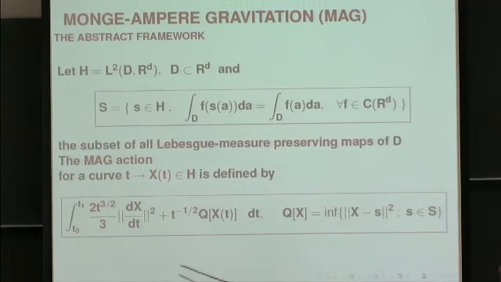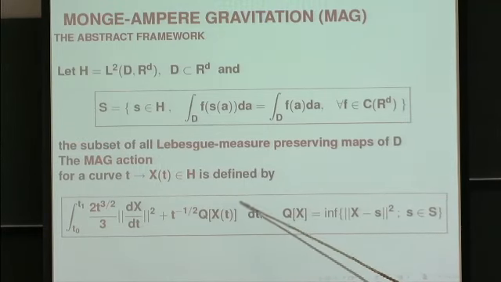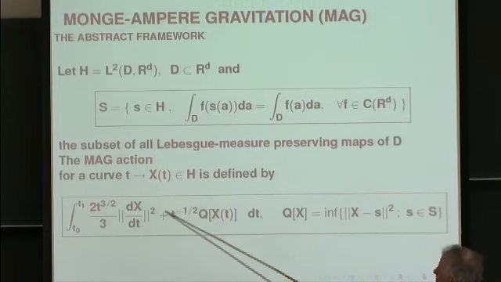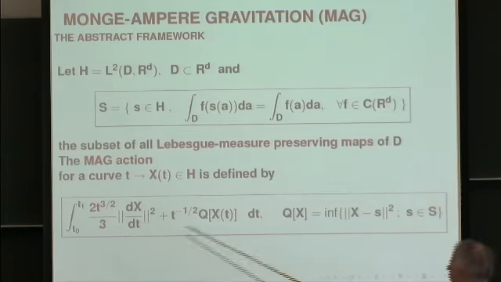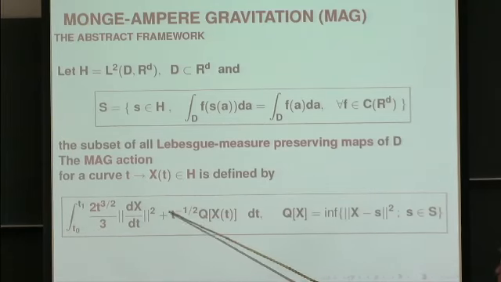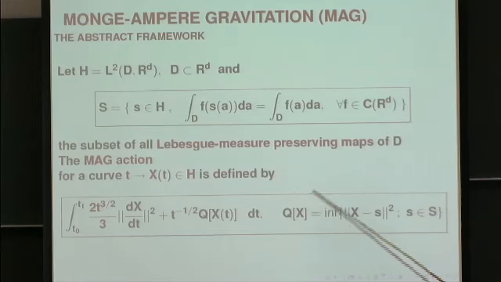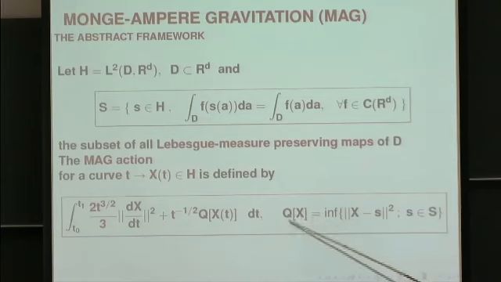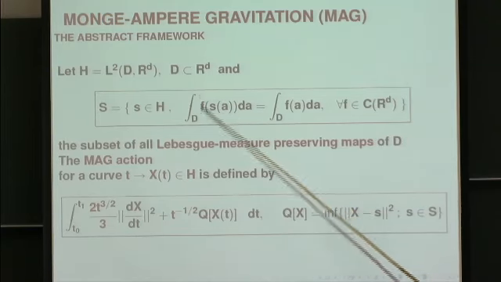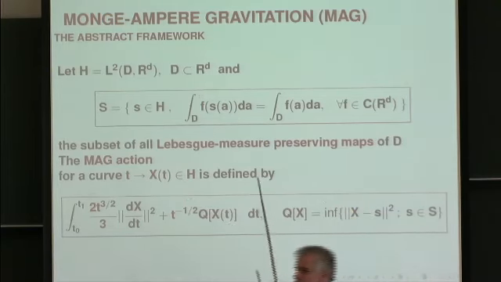So you need that. And now what is the potential part? It is, well, minus the potential, because this is an action, not an energy. The potential is a little bit of Ginzburg-Landau type. It's a kind of discrepancy: the square of the distance function from X to this set.